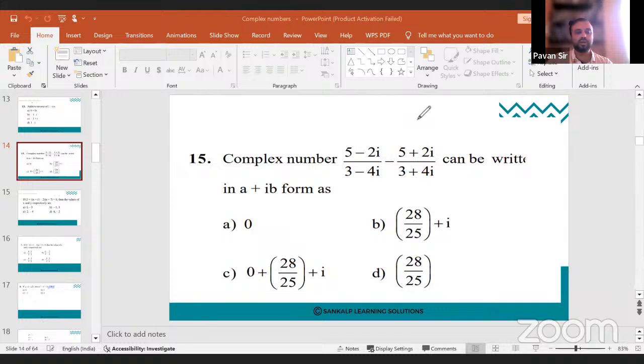Please try to get the answer fast. Sorry, it is not plus, it is into i. Because the real part is separate, and this is the imaginary part. The imaginary part is i only, it is directly into i, okay?